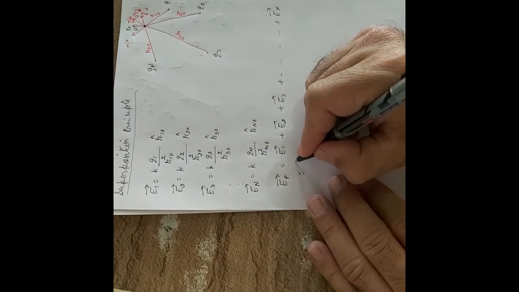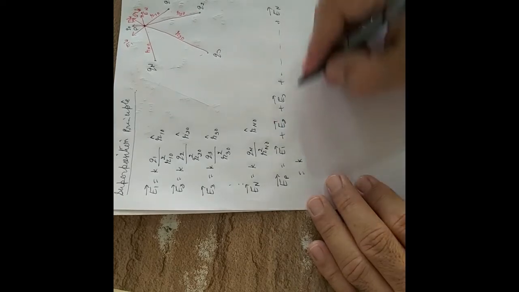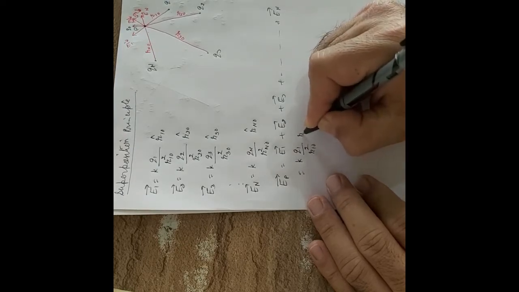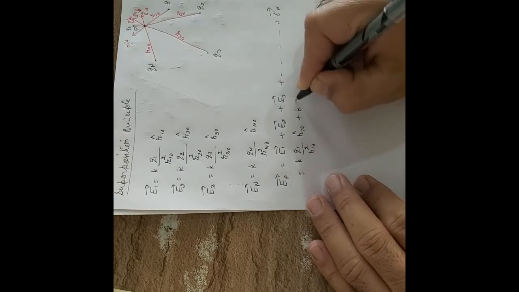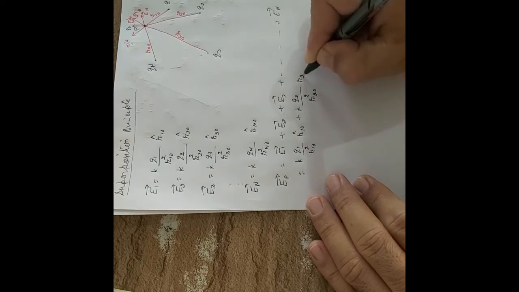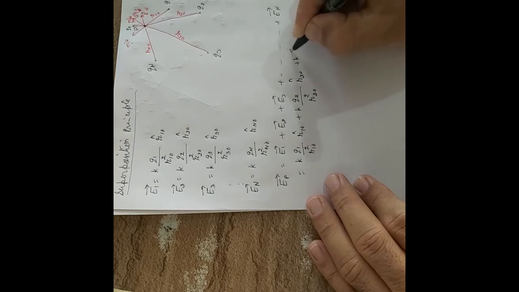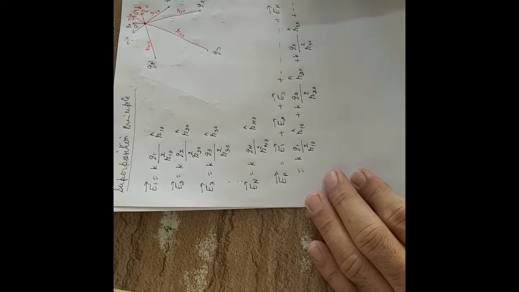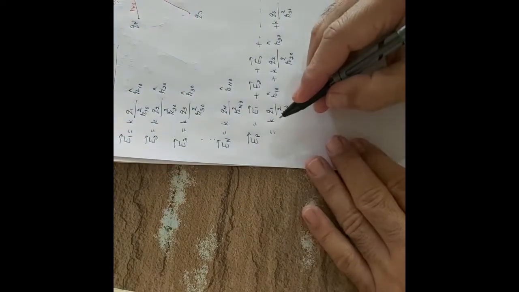We will put the expressions for E1, E2, E3 and En in it. So E equals k q1 by R10 squared R10 cap, plus k q2 by R20 squared R20 cap, plus k q3 by R30 squared R30 cap, plus k qn by Rn0 squared Rn0 cap. So this is the electric field at point P.